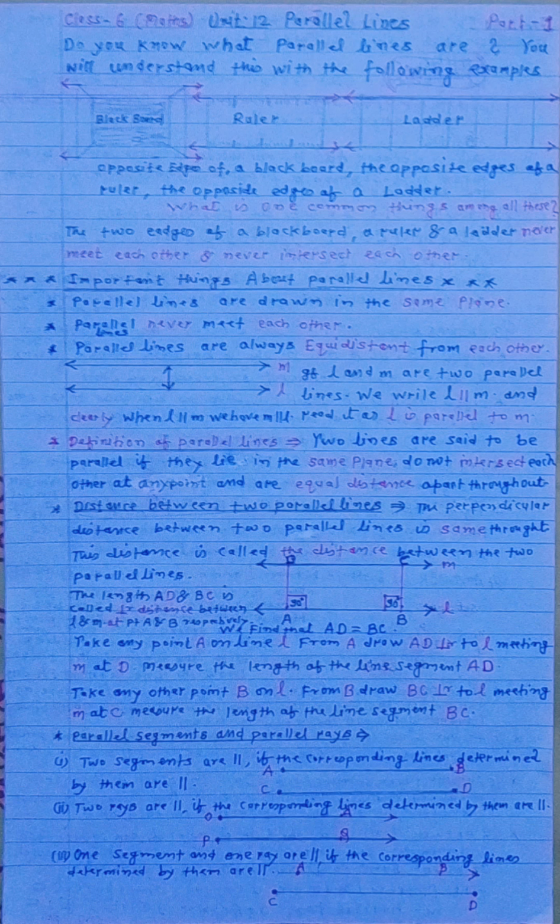Here OA and OPQ are two rays. Now the third point: one line segment and one ray are parallel if the corresponding lines determined by them are parallel, AB and CD.